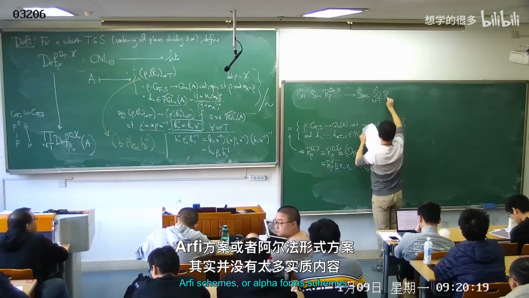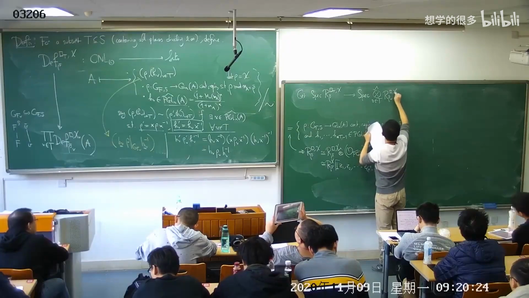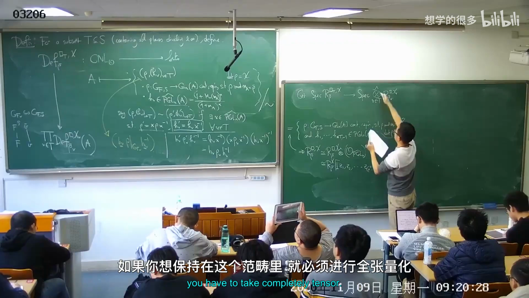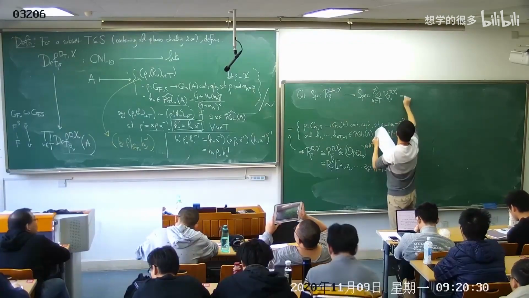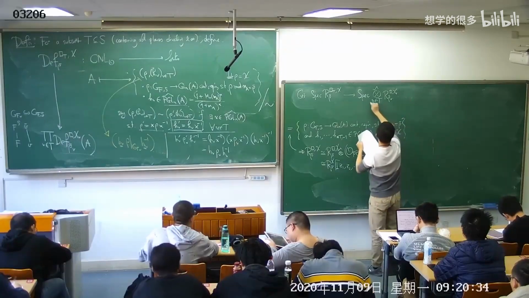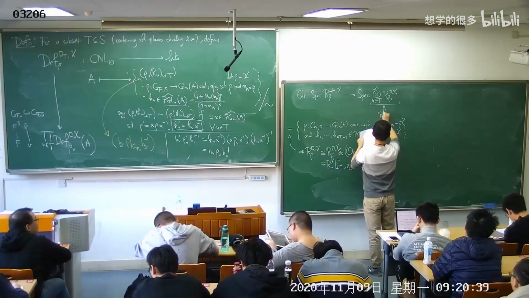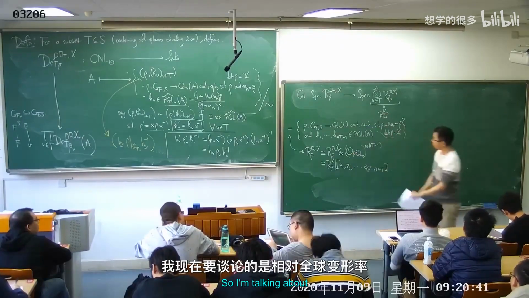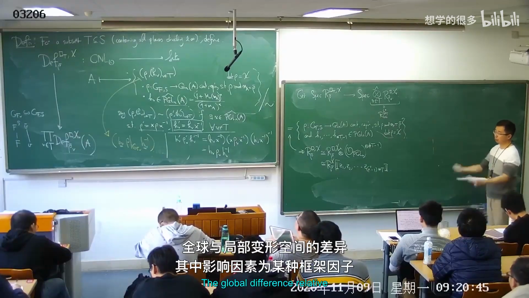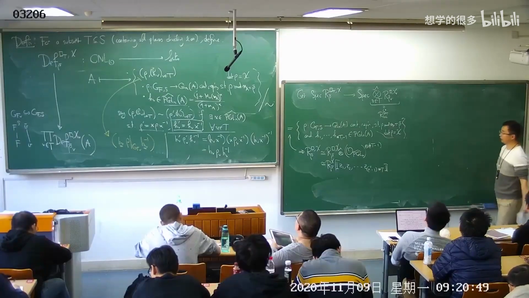Affine schemes, affine formal schemes, there's not really much difference. So for the local rings, if you want to stay in the category, you have to take completed tensor. So I want to write this thing as R log. So I'm talking about a global deformation ring, global deformation relative to local deformation space, up to some sort of framing factor, which doesn't really matter.